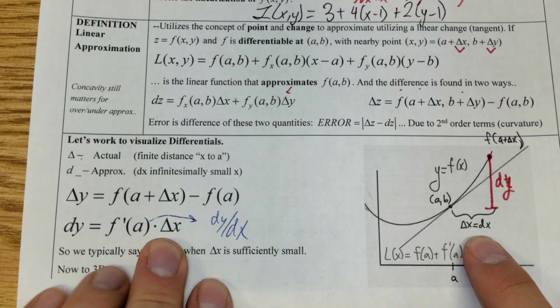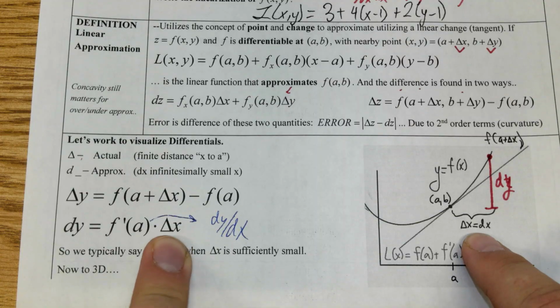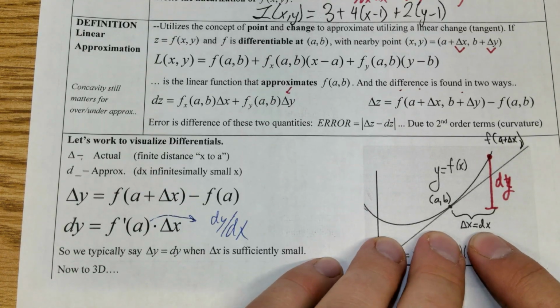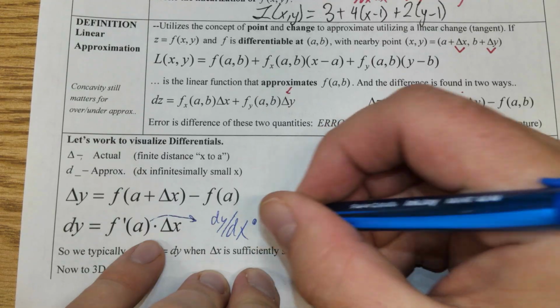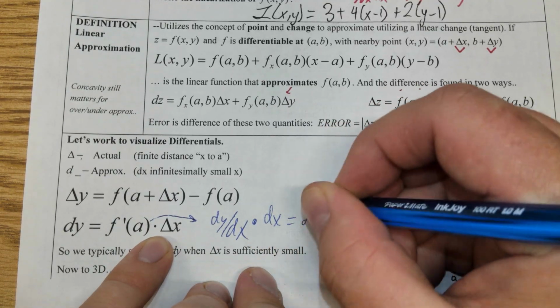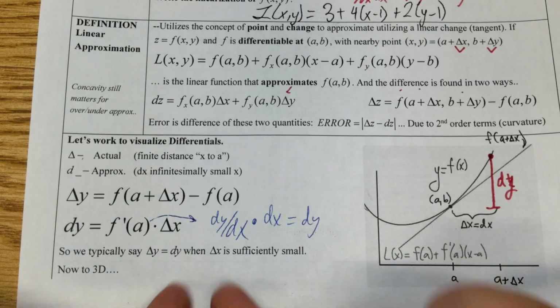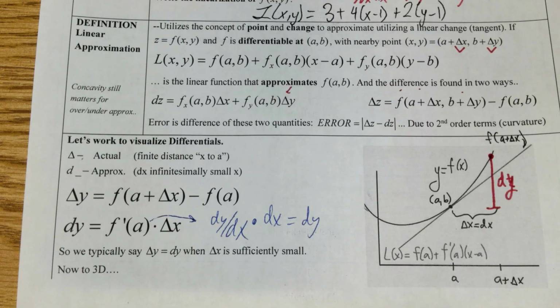And in these cases, delta x is the same as dx. That's because x is generally the only independent variable, so I'm less concerned about that. I multiply by that delta x or dx, and out comes dy. The change in y, the delta y, is the same as dy when the change in x is sufficiently small.